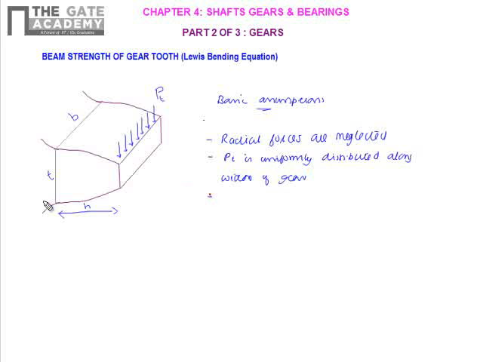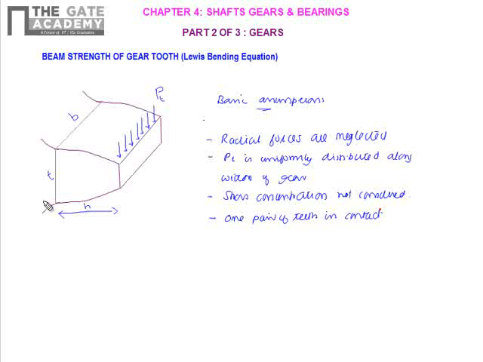Then stress concentration is not considered. And it is assumed that only one pair of teeth is in contact. So these are the basic assumptions in the formation of the Lewis equation.